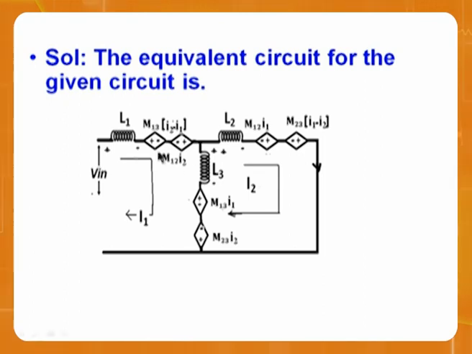This is self EMF. This is EMF due to L3. Please remember, for this I2 minus I1 is here. So for this EMF, it's not one current doing, it is two currents doing. And this one is only due to the second. That is, first you must write the EMF, polarity we will see later.